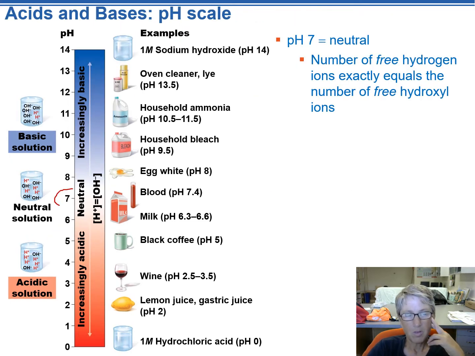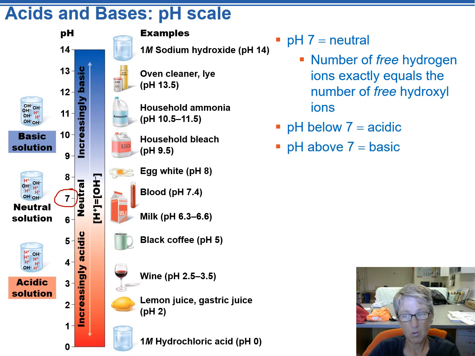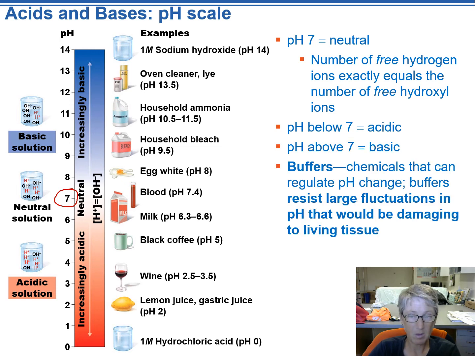If you have a pH of 7, that's neutral. The number of free hydrogen ions exactly equals the number of free hydroxyl ions. We said below pH 7, you're acidic. Above pH 7, you're basic. If you are a buffer, you are a chemical that can regulate pH changes.